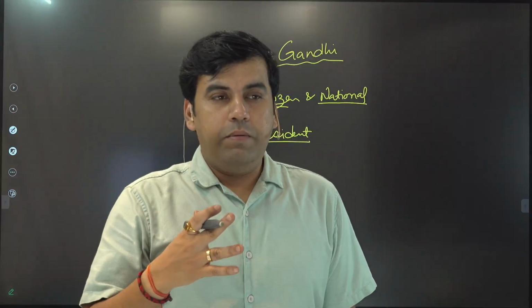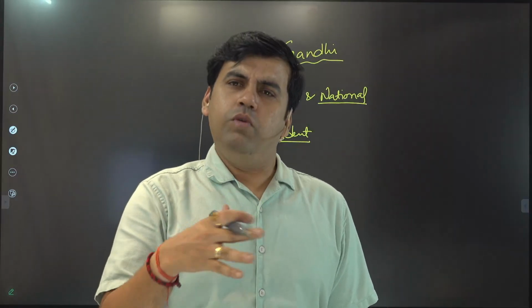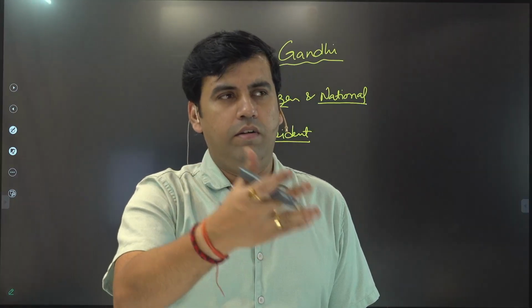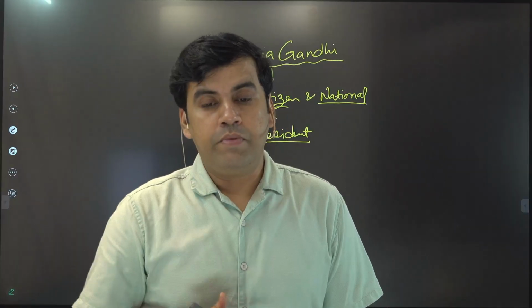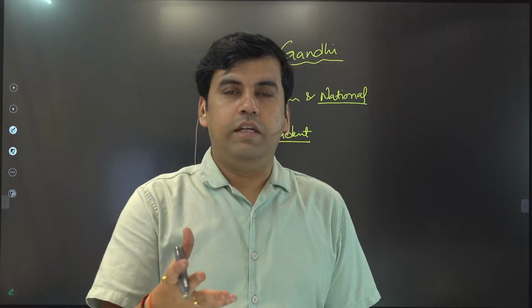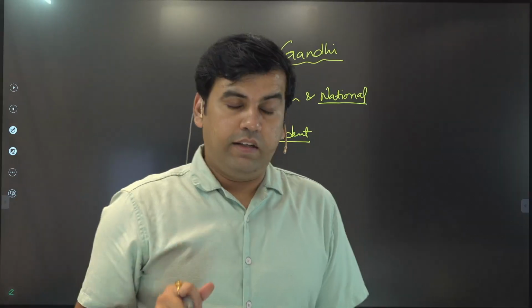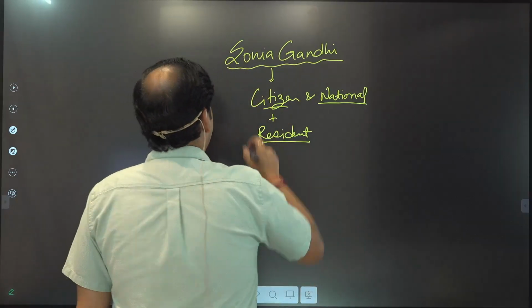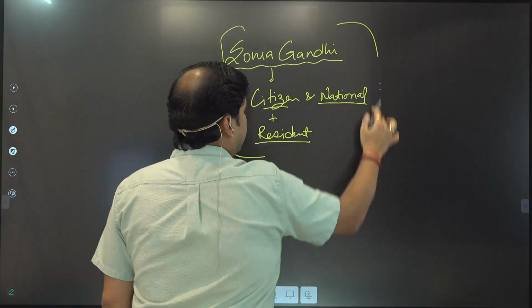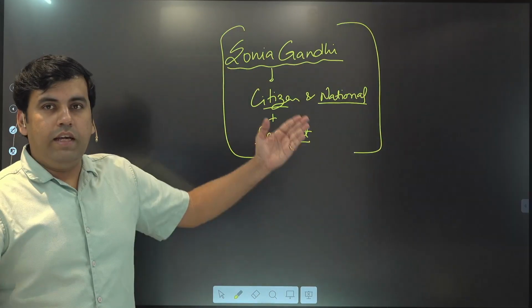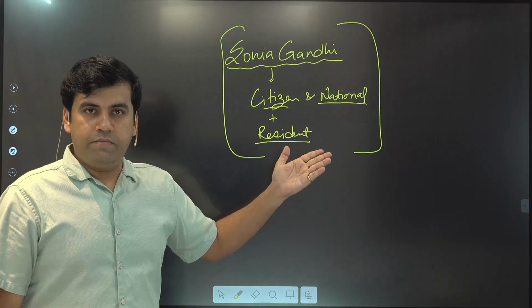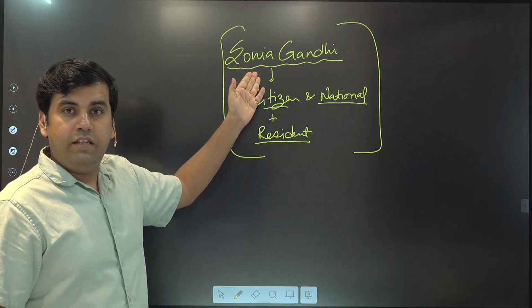No, I'm not going deeper into the political aspect, because you may have understood it wherever you have studied Indian polity, the nationality in that case. But here I'm just saying, guys, there's a difference. Now she is by birth Italian.